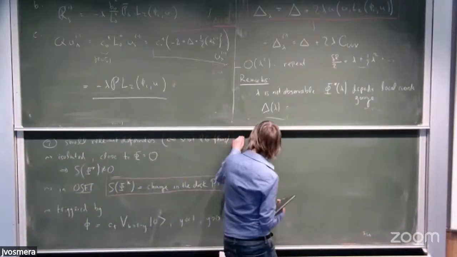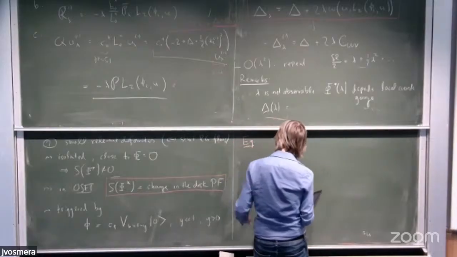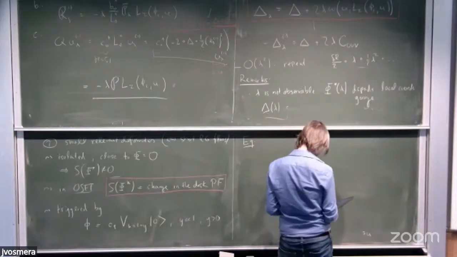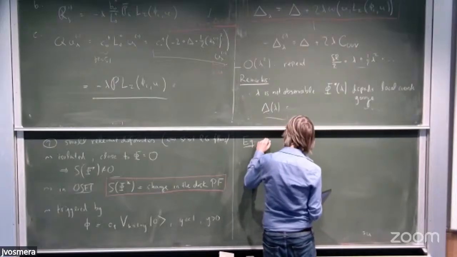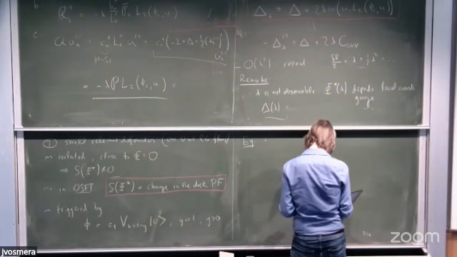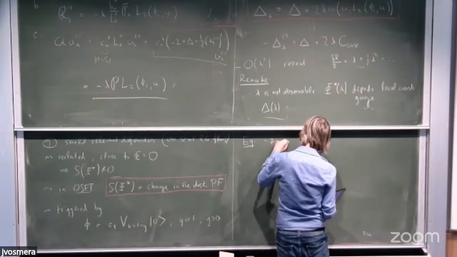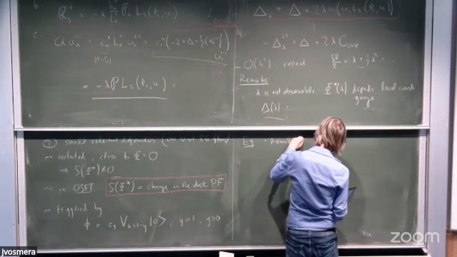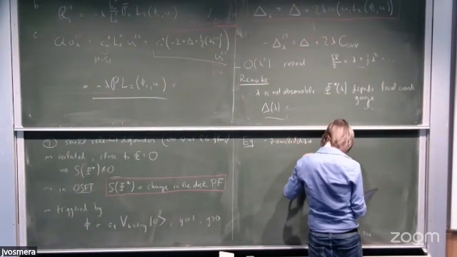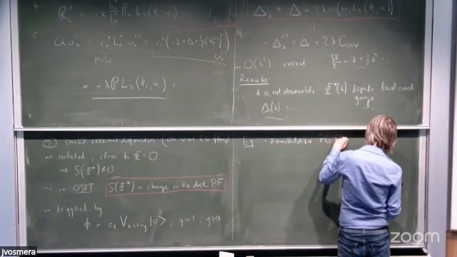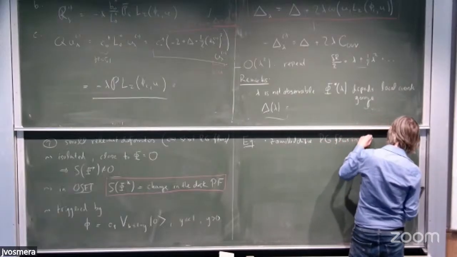So before I do that, let me just give you a couple of examples of particular short RG flows which take place. So one example would be reasonably typical RG flows in minimal models, right?